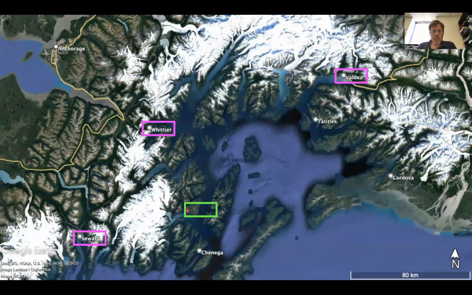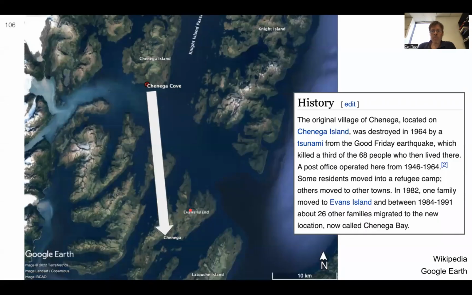Moving to Chenega, this is the site of the Chenega submarine landslide and loss of life. And just to give some background, if you look in Wikipedia, this is where Chenega Cove is, and the original Chenega village site in 1964 on Chenega Island.